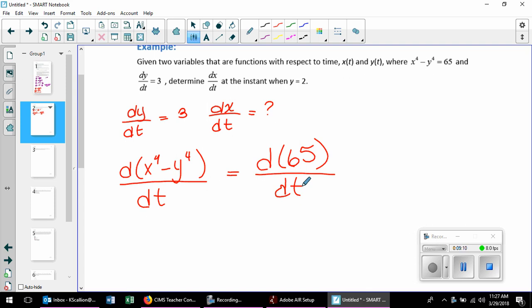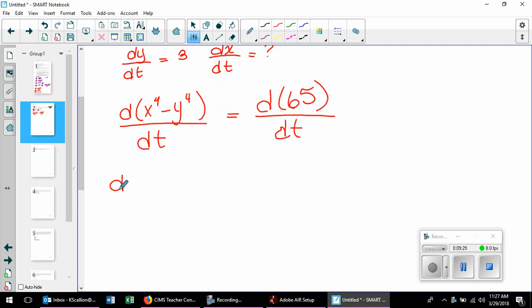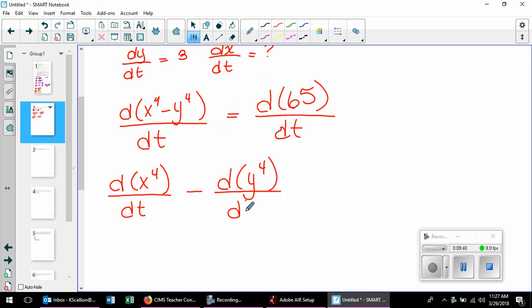So we're differentiating both sides, not with respect to x and y, but with respect to time. Easy peasy. So we're going to break this up. We're going to differentiate x to the exponent 4 with respect to time, minus the differential of y to the exponent 4 with respect to time, and differentiate the constant with respect to time.